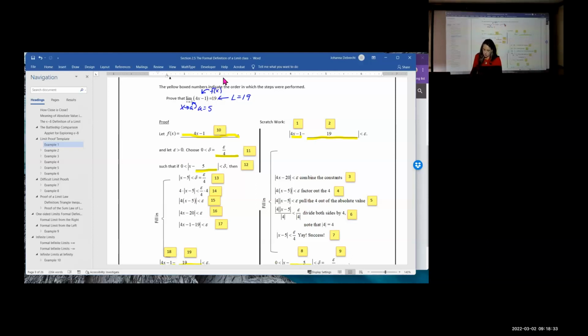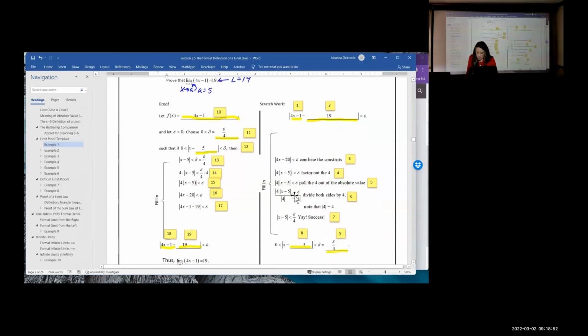Then we start on the scratch work side. The little yellow boxes are showing you what order the work is done in. As in, this is done first, this is done second, this is done third, fourth, and so on. So we start with the absolute value of f of x minus L less than epsilon.